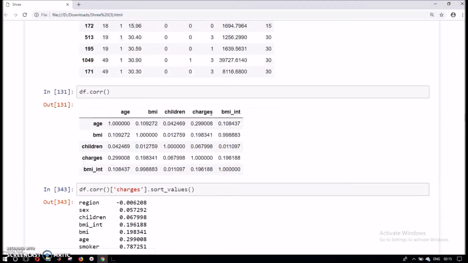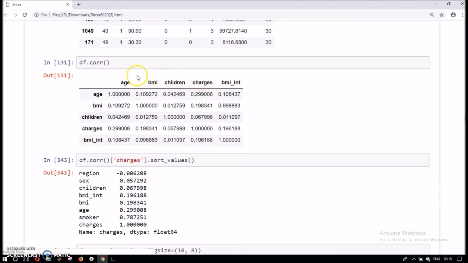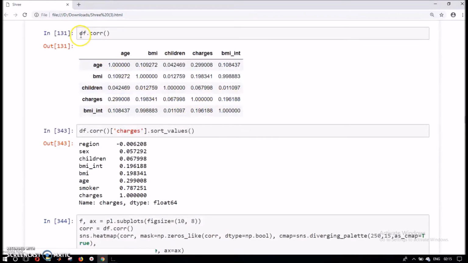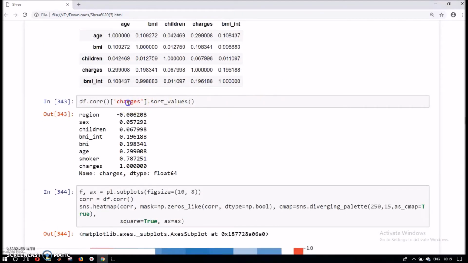Now let's move forward. First thing I would like to know is the correlation coefficients of all of these. So let's make a correlation coefficients matrix. We are interested in charges mainly, so let's look at correlation coefficients only with respect to the charges.